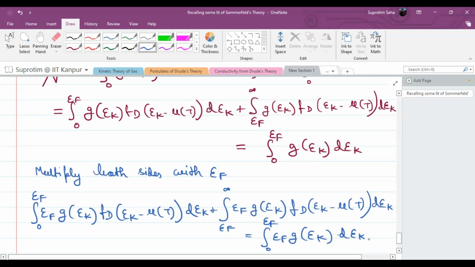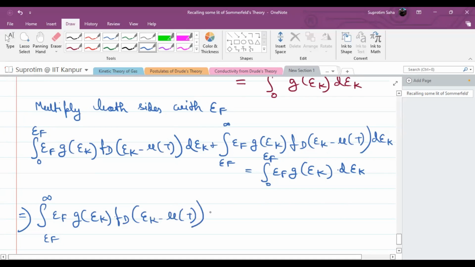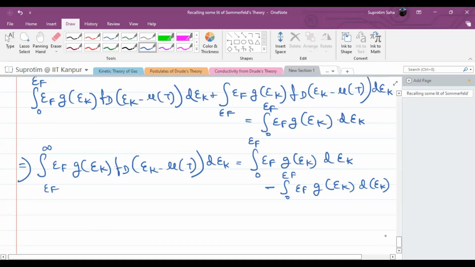All right. So now just bring those terms from one side to the other. So the Ef to infinity term, which is Ef g of Ek Fd of Ek minus mu t d of Ek, will be given by 0 to Ef of Ef g of Ek d of Ek minus 0 to Ef of Ef g of Ek Fd d of Ek. All right, so this is what we get.